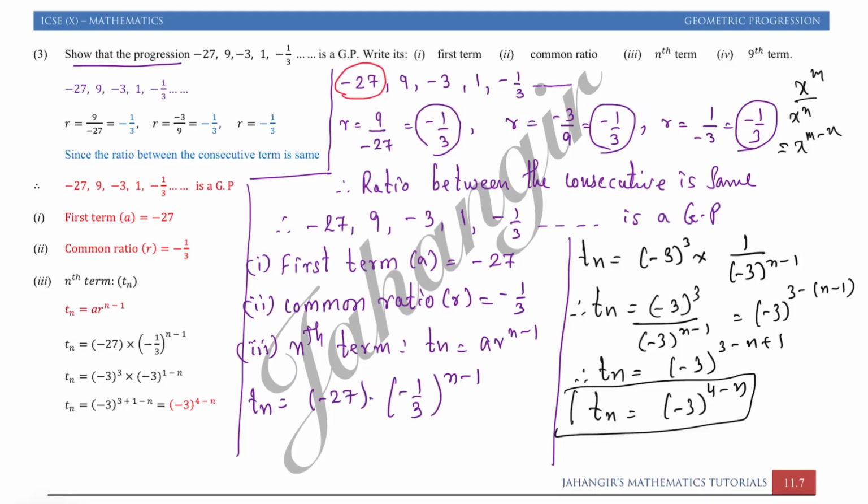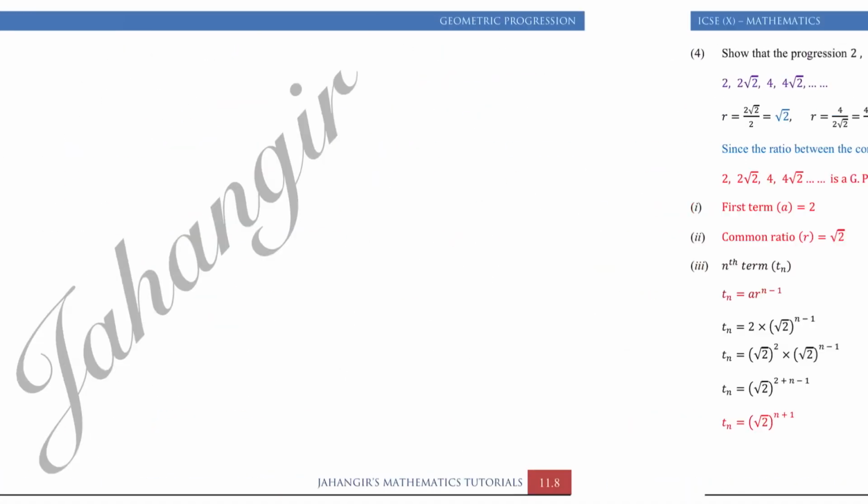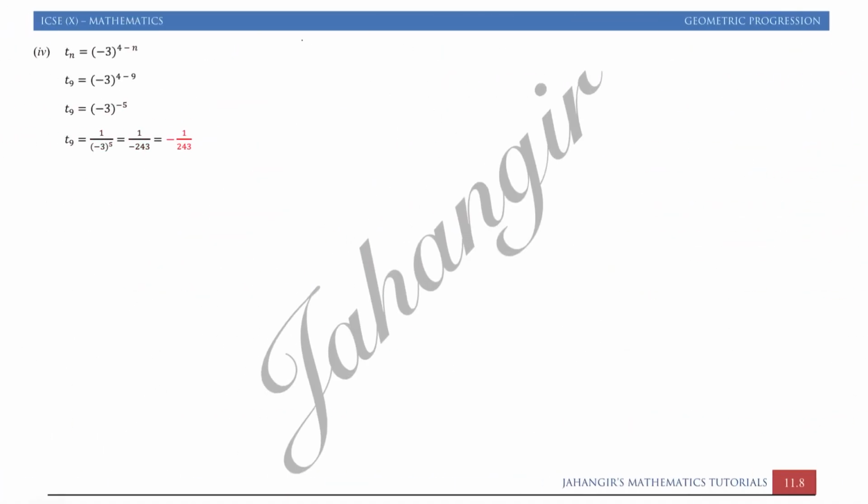Nth term should always be in the simplest form by taking care of the bases. Base को you can take common, power को you can join it off. Fourth sub question is find ninth term. तो ninth term के लिए first we will write Tn. Tn is equal to minus 3 raised to 4 minus n.